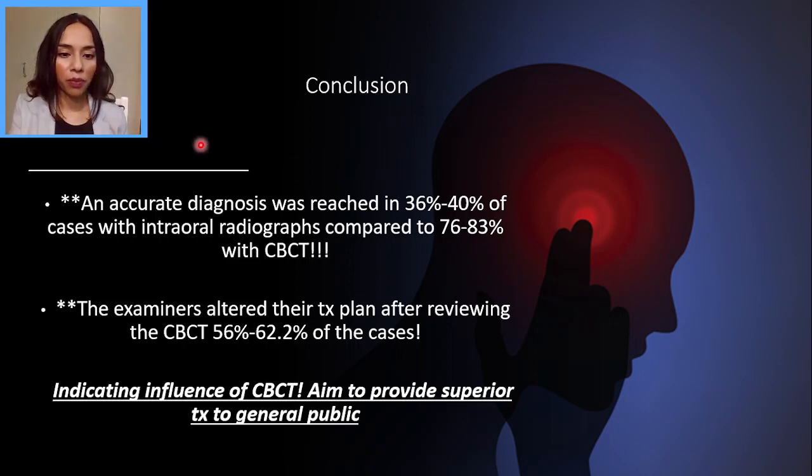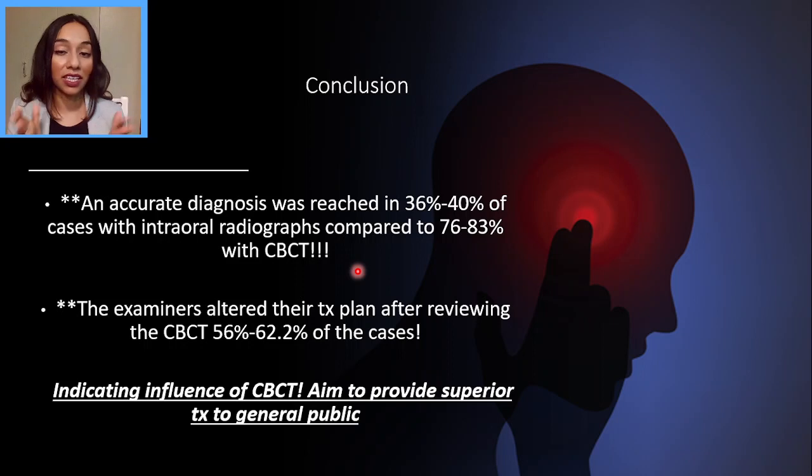And I want to conclude by focusing on two points here that I will link the source of in the next slide. In one study, they found that an accurate diagnosis was reached in 36 to 40% of cases with intraoral radiographs, compared to 76 to 83% with CBCT. So that's a huge difference.